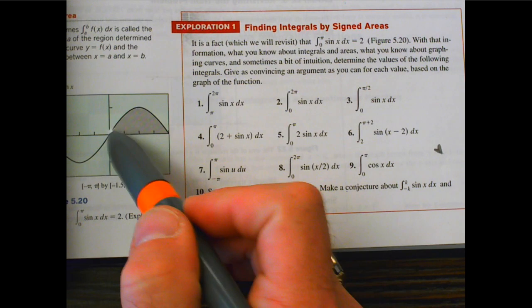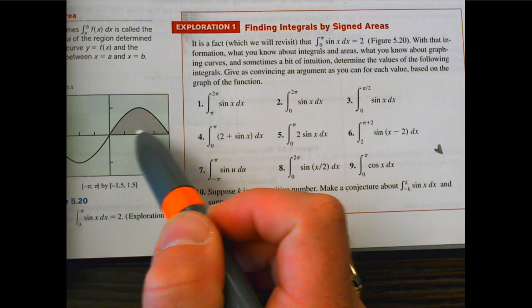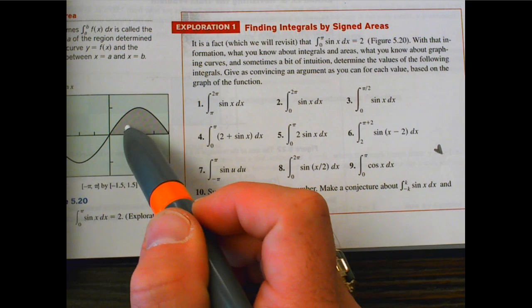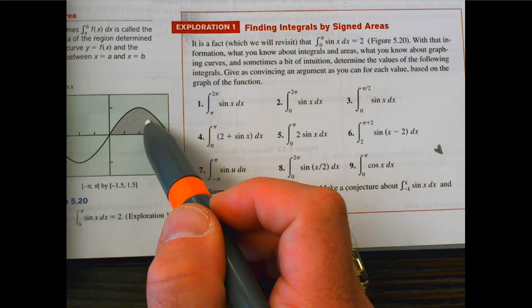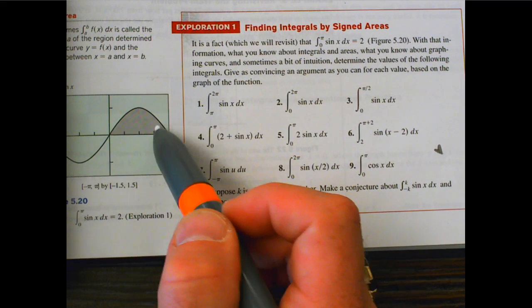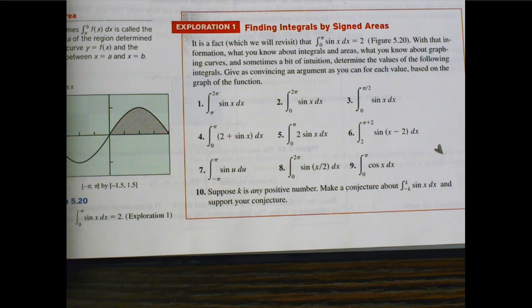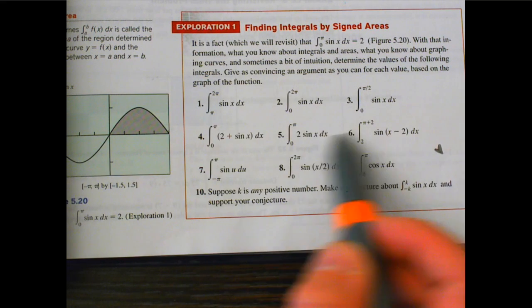That means from 0 to pi, underneath the curve, this area right in here is 2. This half football shape that we have right here is 2. With that information, with what you know about integrals and areas, what you know about graphing curves, and sometimes a bit of intuition, you can actually figure out all of these values throughout here.